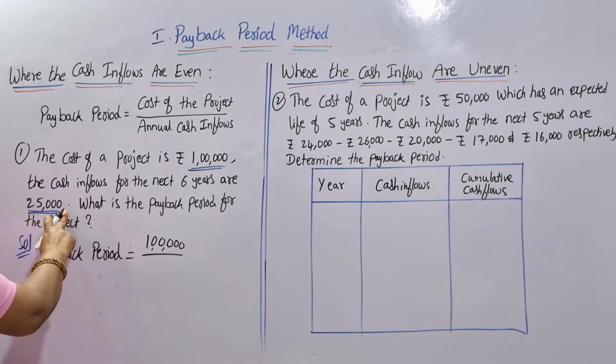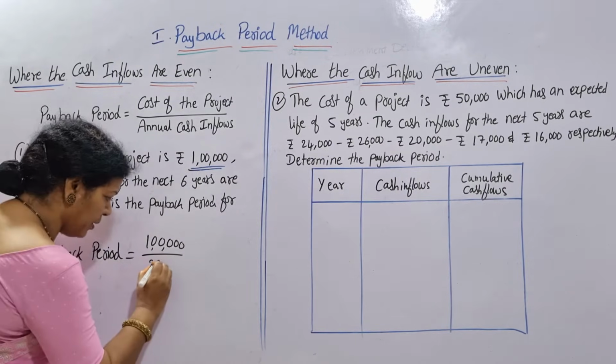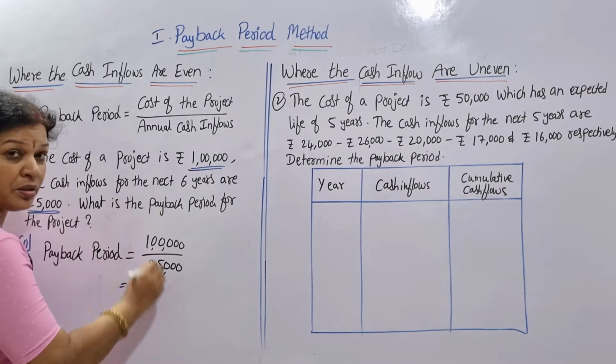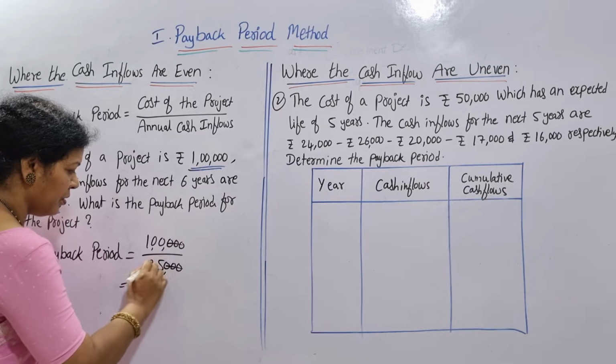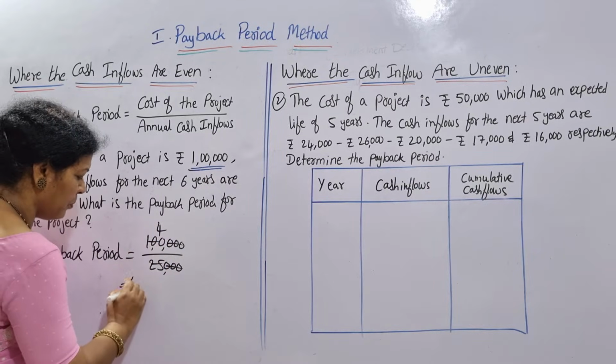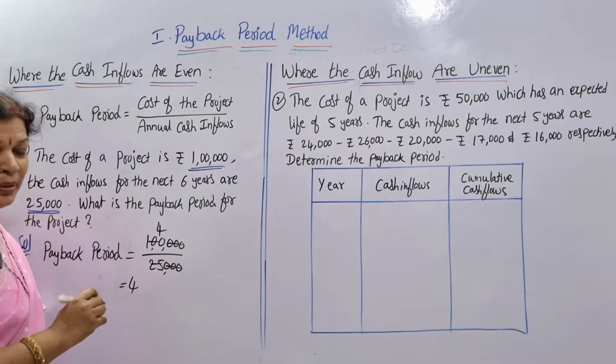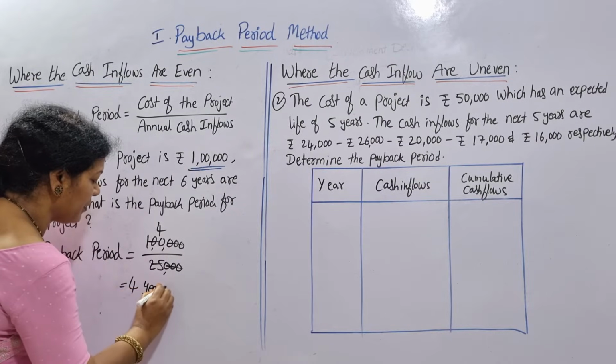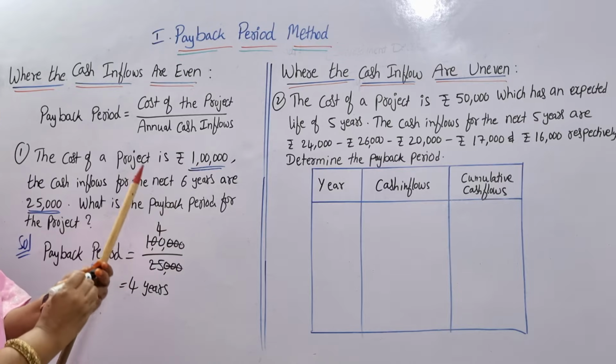Annually how much I am getting? 25,000. So 25,000. If you divide it, you will get 4. Means 4 years you will say. Payback period, period means years. 4 years is the payback period. So this is my answer.